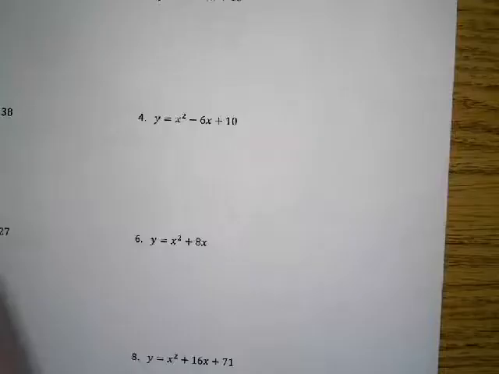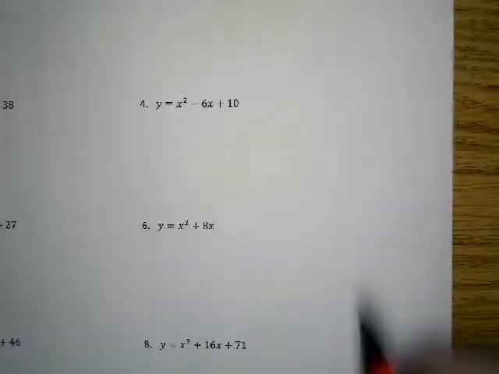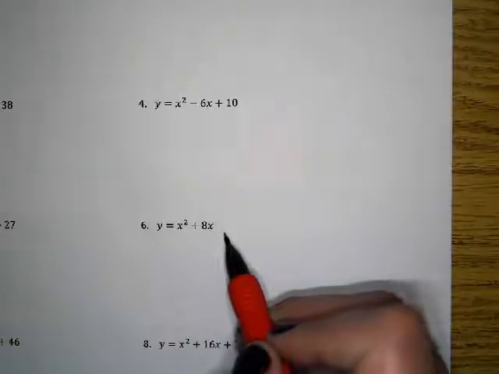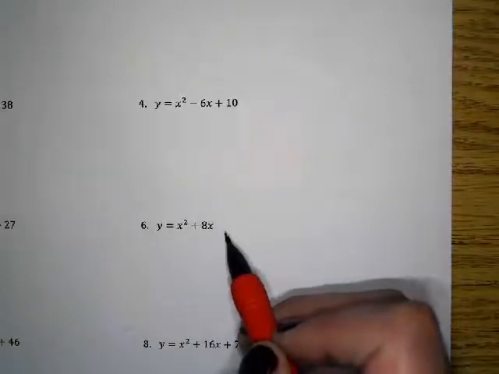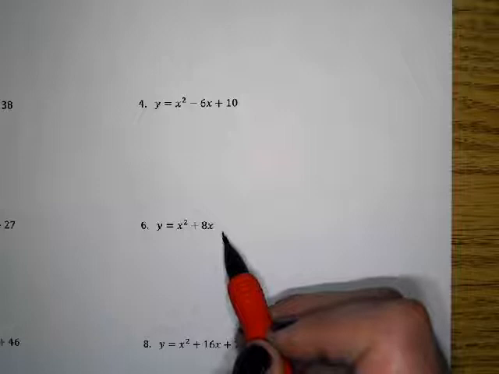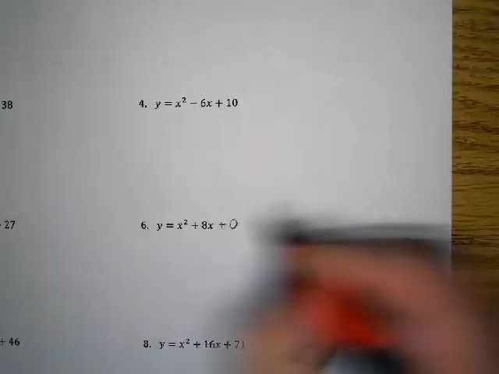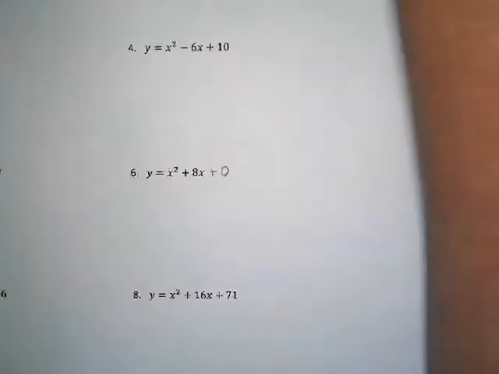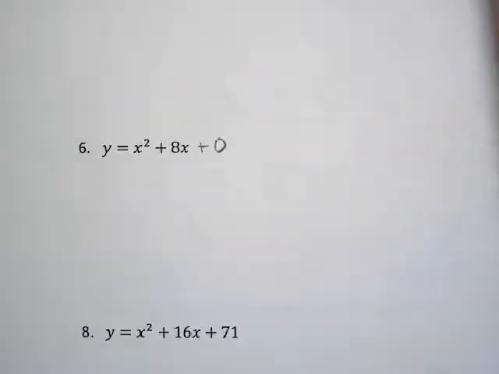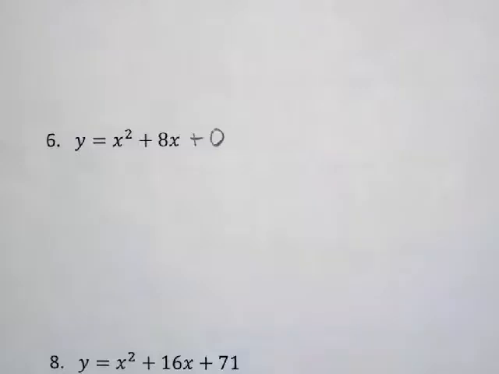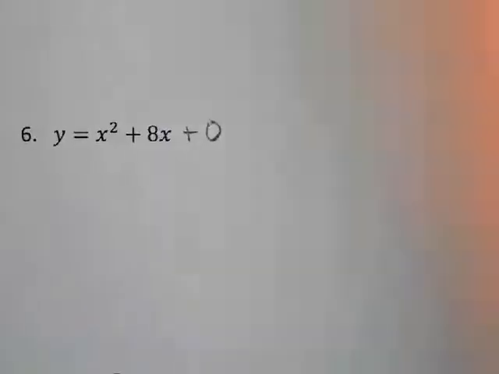Let's go ahead and look at number 6. It doesn't have a number on the end, so what number could I put there? 0, okay. I'll go ahead and put a 0 on the end just so it feels like the other ones. So what would we do first based on the other examples that we just did?